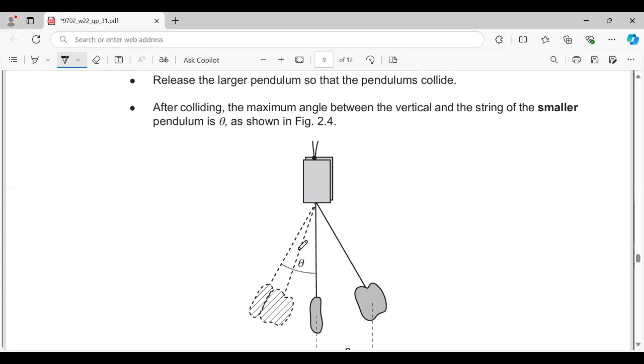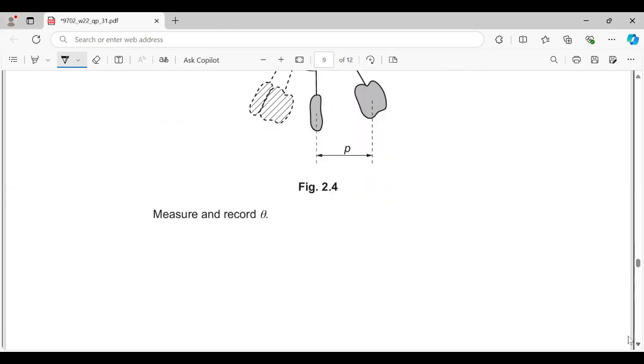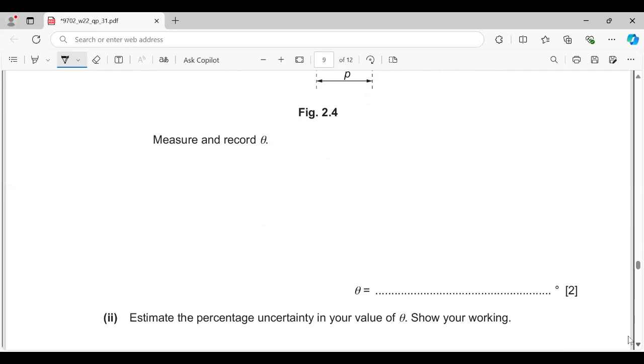So this is theta. Measure and record theta. I have measured theta using a protractor, and theta is 33.37.